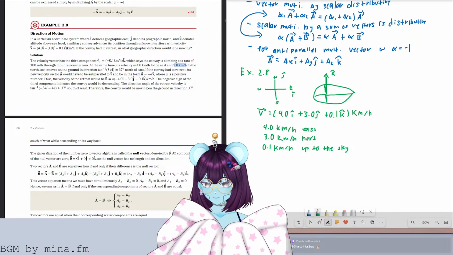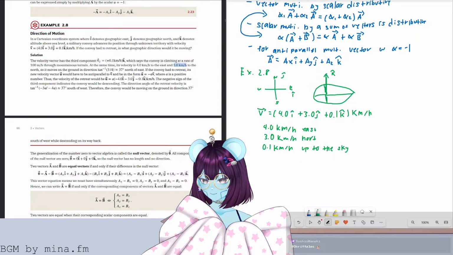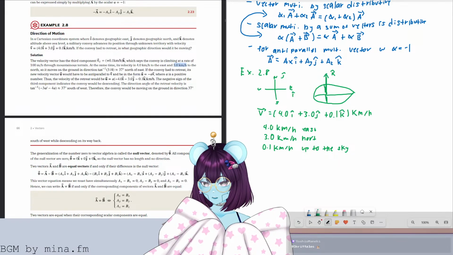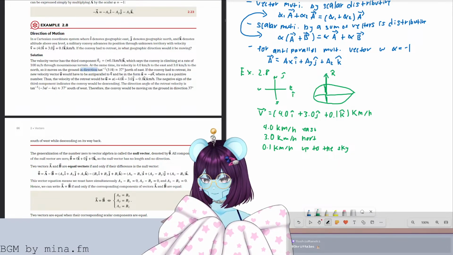Okay, then we have that. So it moves on the ground in the direction of this.